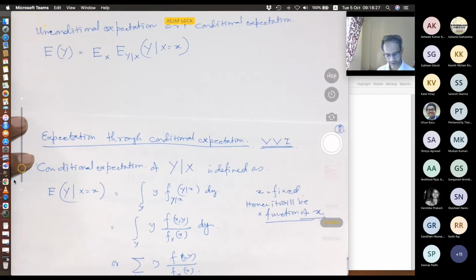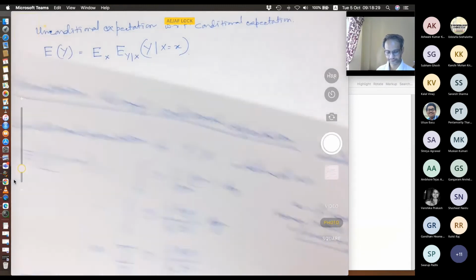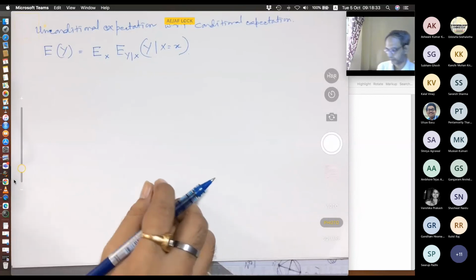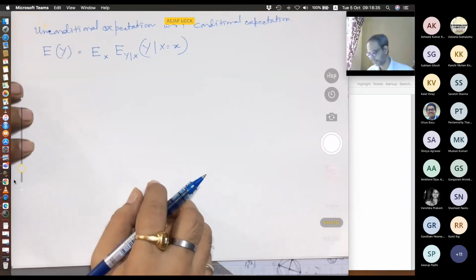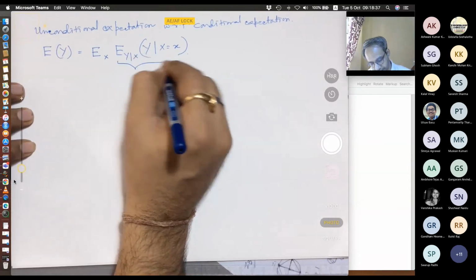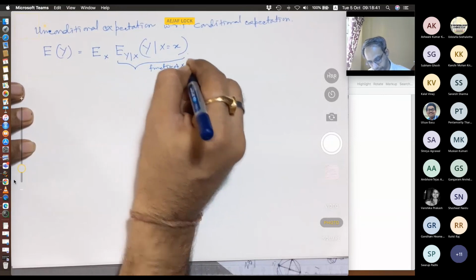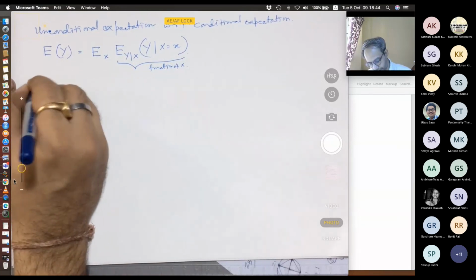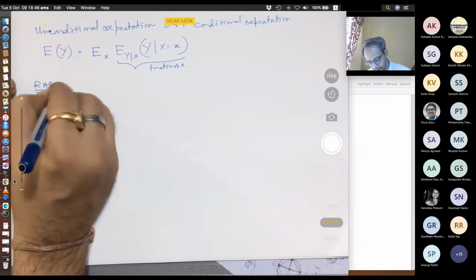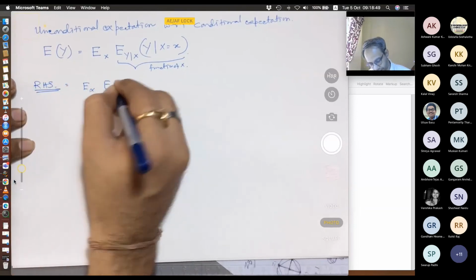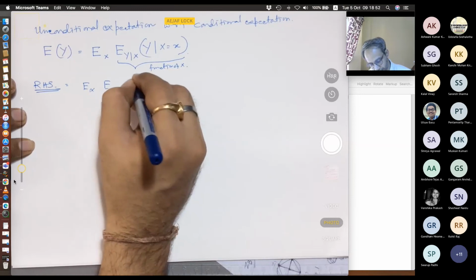So how will the formula conclude? Let us try to write it down. If you start from the right hand side, this part is a function of x. So it is the expectation over x of the expectation of y given x.